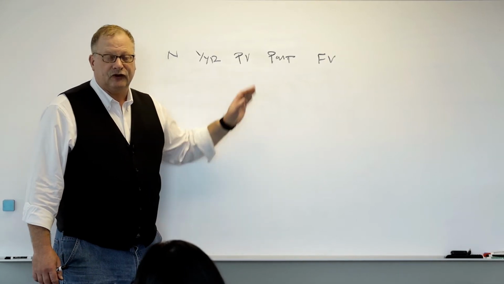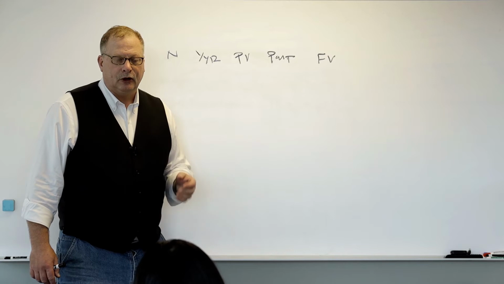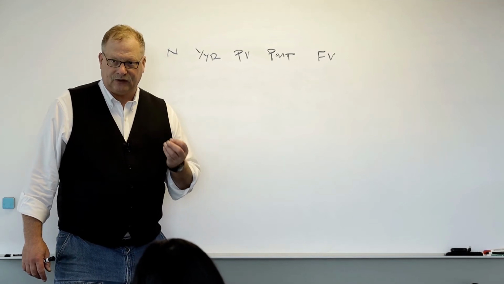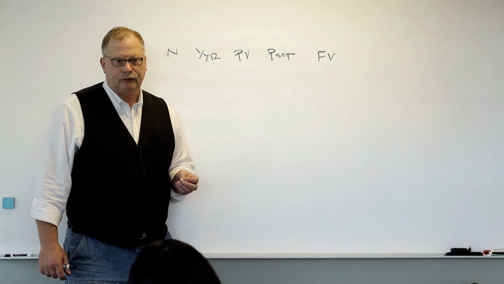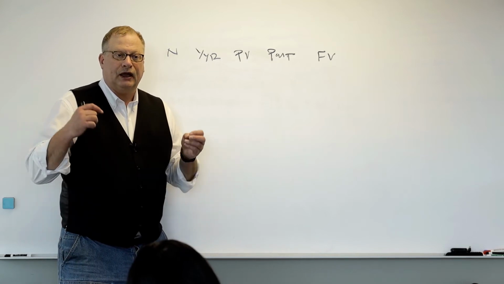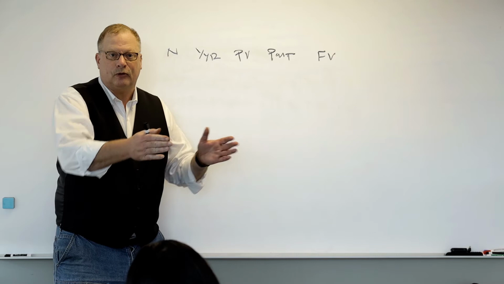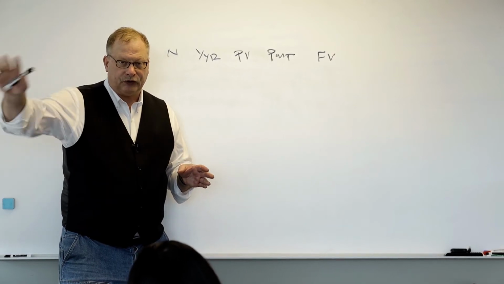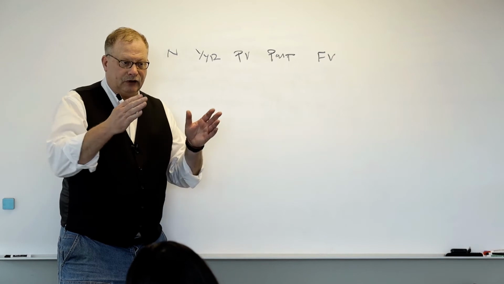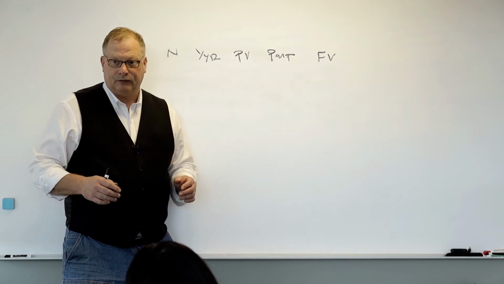PV stands for present value. Present value in investing is a lump sum that occurs once at the beginning. If you are looking at borrowing a certain amount of money and your goal is to ultimately solve for your monthly payment, you would enter the loan amount as the PV.